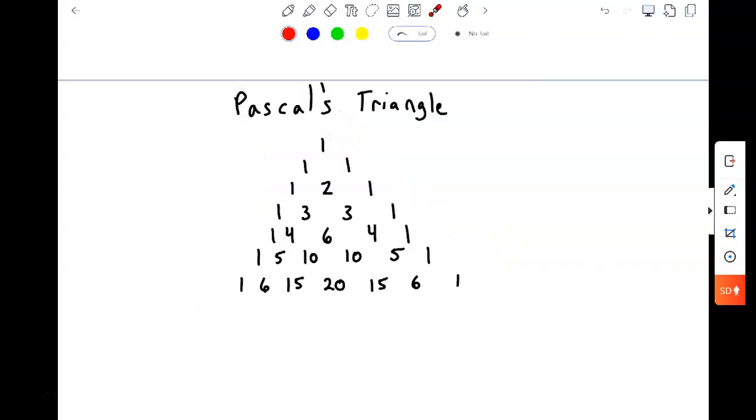So we would read 6C0, sorry, I said that wrong, 6C0, right here, in the 0th diagonal in the 6th row. 6 choose 1, or in our notation 6, 1, would be right here. 6, 2, 6th row, 2nd diagonal, right here.